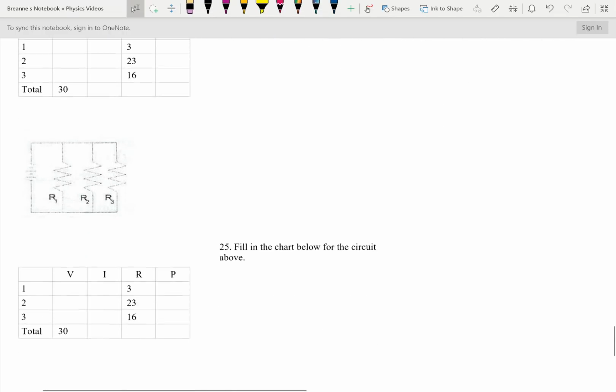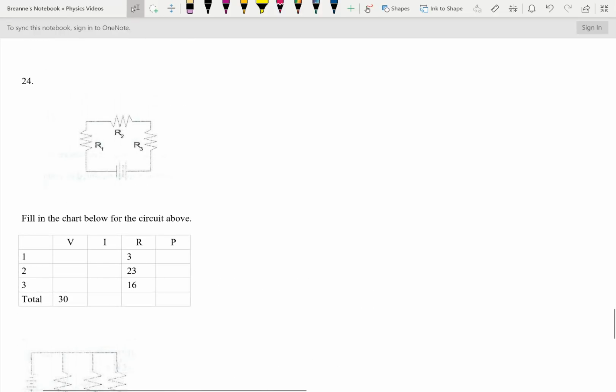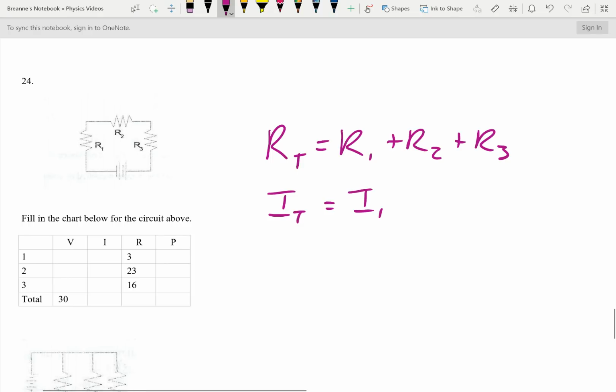So the next two are dealing with a parallel and series circuit. So for a series circuit, things you need to remember: your resistance, you just add up. Current is the same.